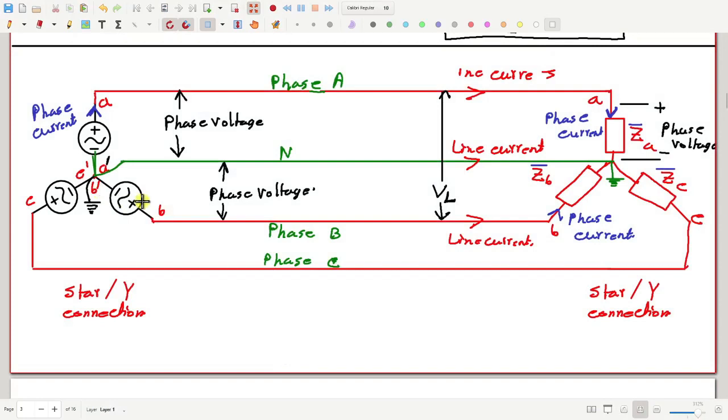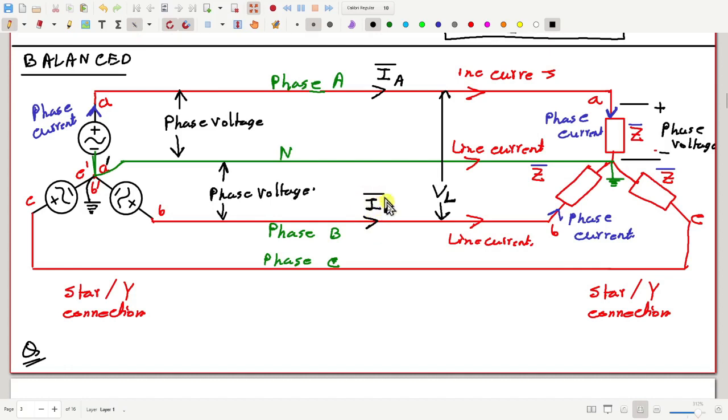Now here, suppose this is balanced. So all these loads are identical, call them Z, Z and Z. And these voltages are also 120 degree apart and of equal magnitude. Question. If I call this IA, then this is IB and IC.